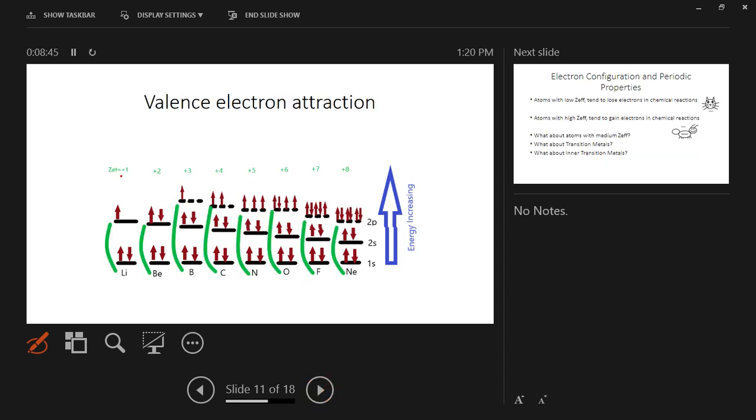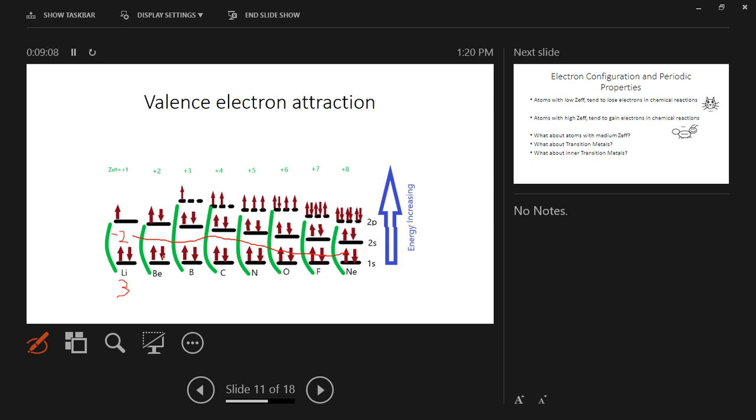So remember that lithium has 3 protons, right? But the effective nuclear charge felt by these outside electrons is +1, because these 2 core electrons are canceling out part of the nuclear charge. So these are like -2 all the way through, right?